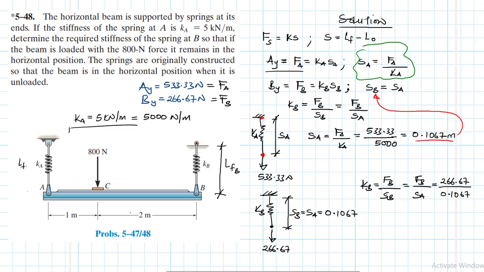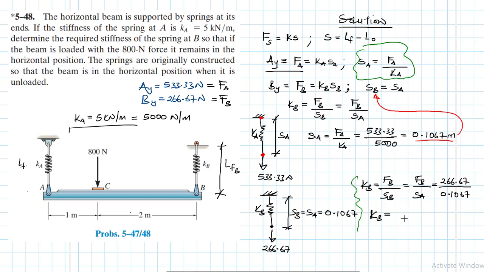So our KB is equal to 266.67 divided by 0.1067.